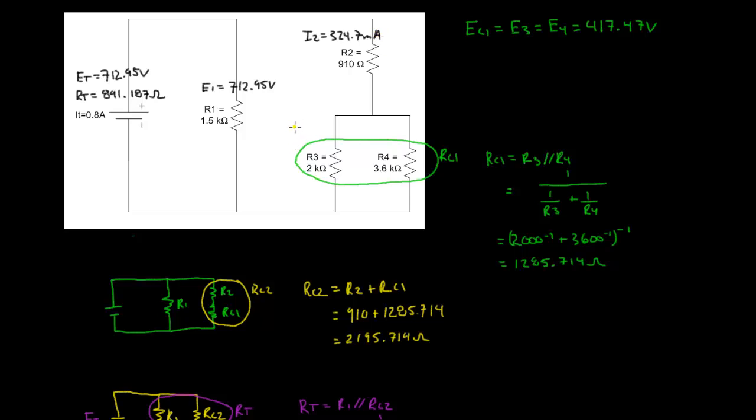And we solved that the voltage drop across resistor 3, or E3, is equal to 417.47 volts, which also equals the voltage drop E4. So this is now a Unit 2 problem, where we can solve the remaining unknowns using Ohm's law, E equals IR, and P equals EI.